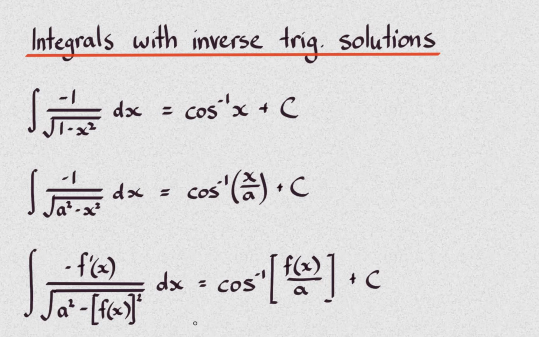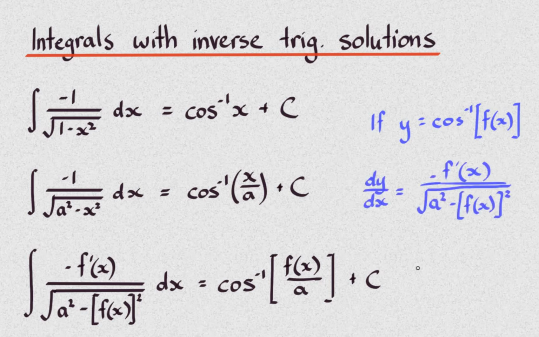However, we don't actually find this formula on our reference sheet. Rather, we find the differential version of it. That is, if y equals inverse cos of f of x, then the derivative equals minus f dash x over the square root of a squared minus f(x) all squared.